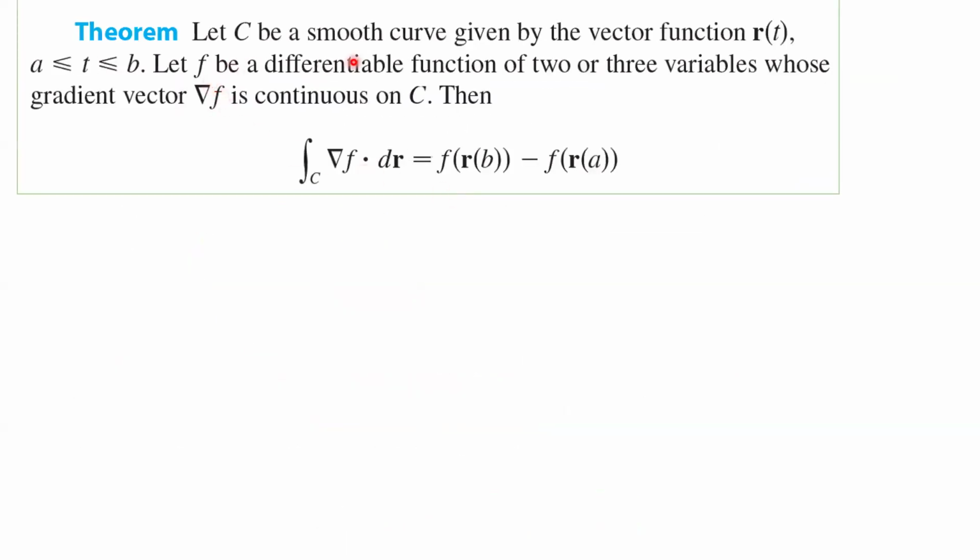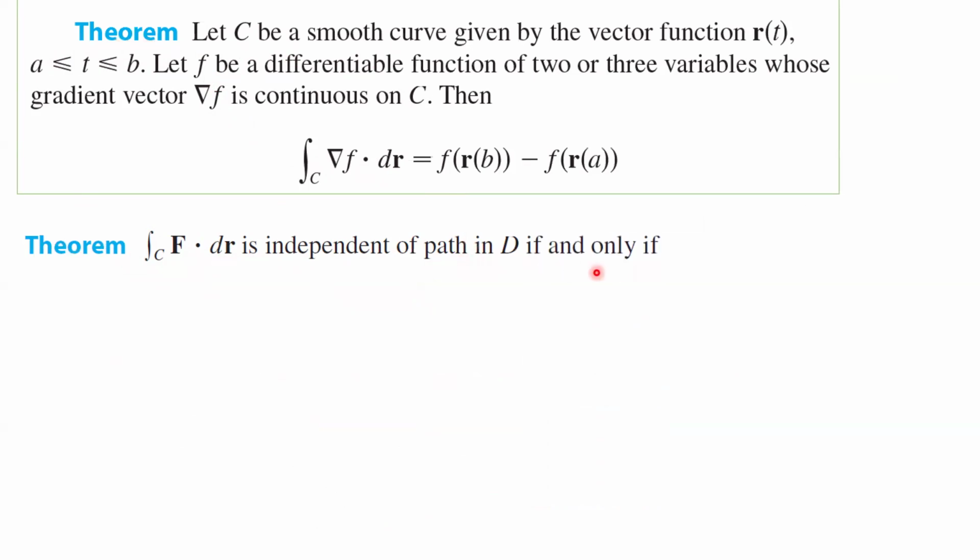Now that we defined this and introduced the theorem, we're going to introduce another theorem. If the integral of f dot dr over smooth curve C is independent of path in D, it means that the integral of f dot dr over curve C is equal to 0.